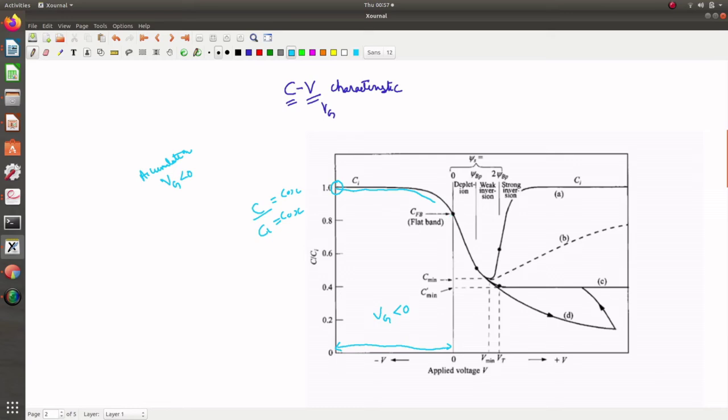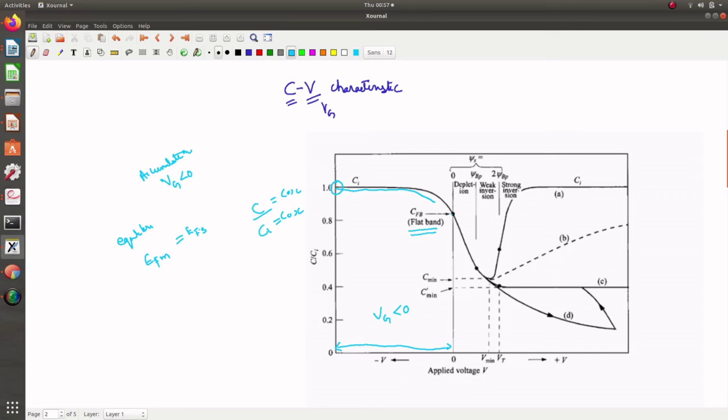And at 0 we have a capacitance called the flat band capacitance. At equilibrium, though we had taken the Fermi level at the metal side to be in alignment with the Fermi level of the semiconductor side, practically it is not the case.